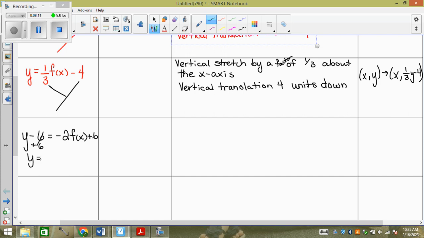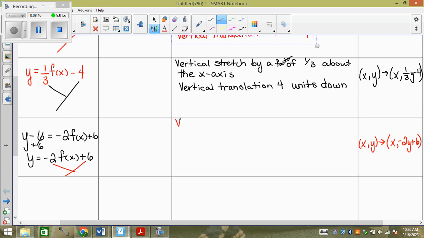And we get y equals -2 f of x plus 6. And still affecting only the y's. We agree? So I'm going to go to my mapping first and use exactly what those are, because my mapping is the same for vertical. So I get x, and then my y is going to be -2y plus 6. True statement?